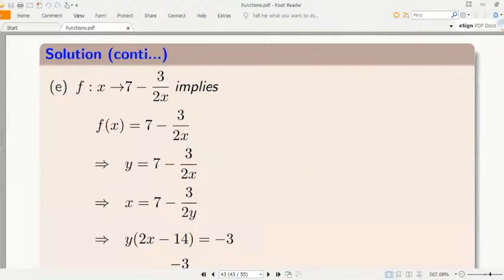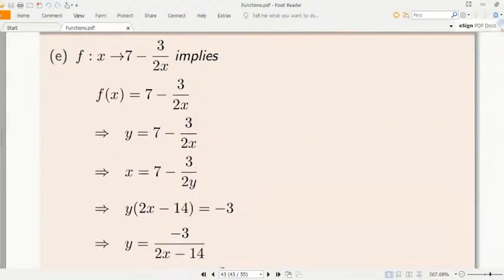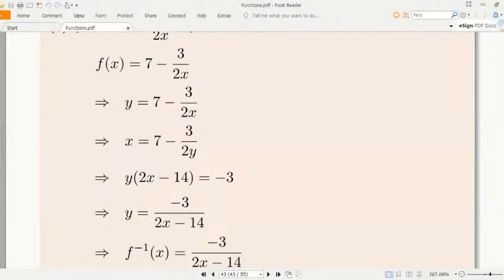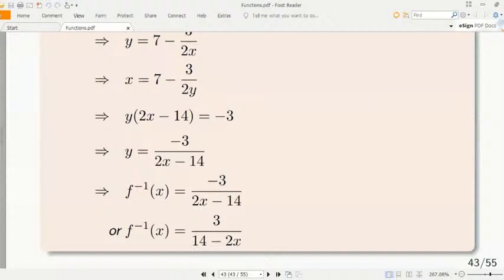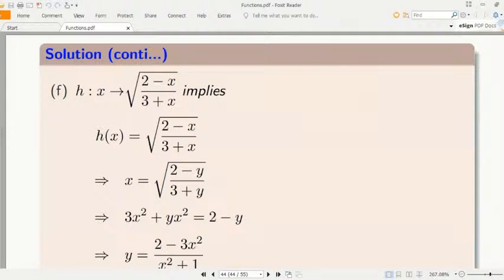And then we have this other question, E. You can always pause the video and write, and after you've done it, compare the results. If you find your answer is wrong, then pause the video and look at my work.